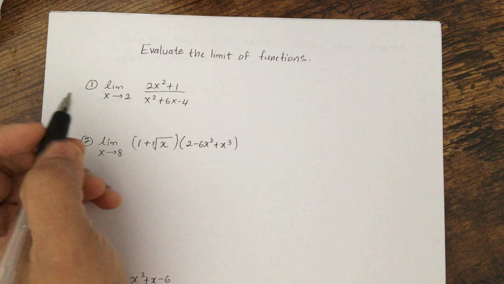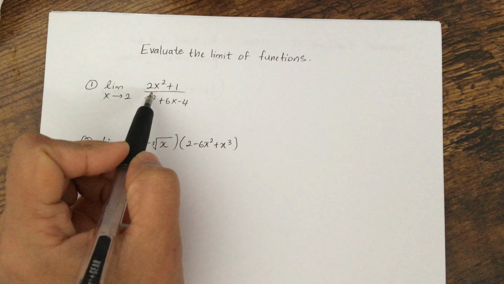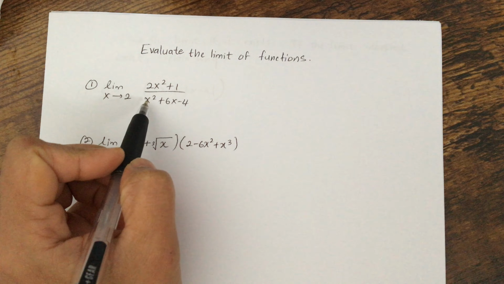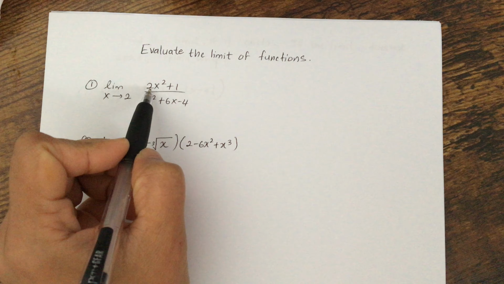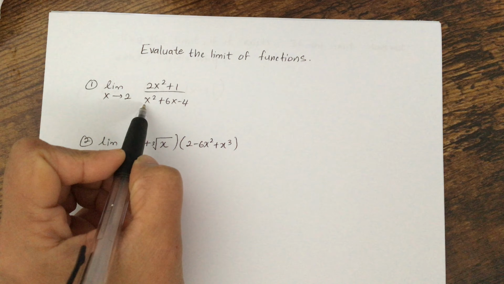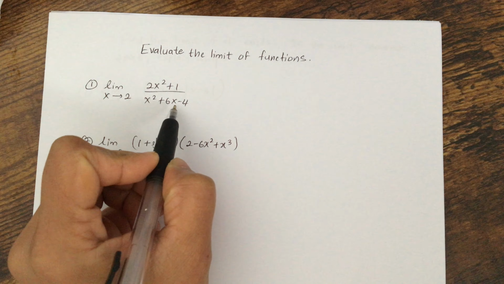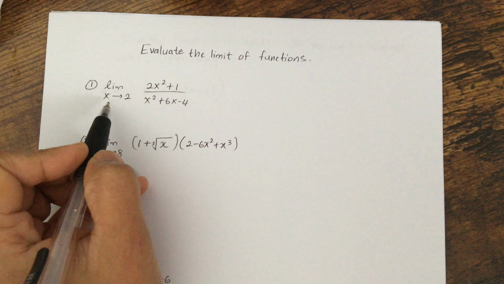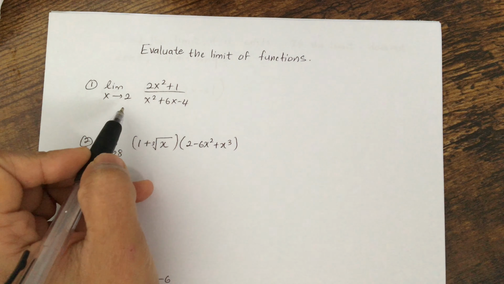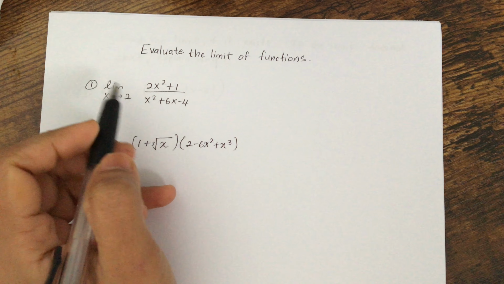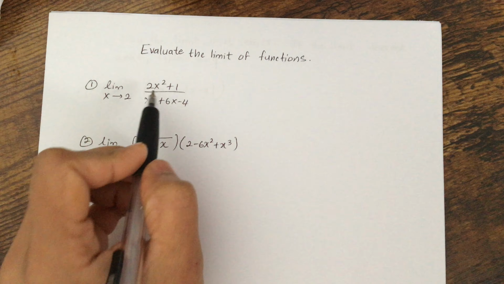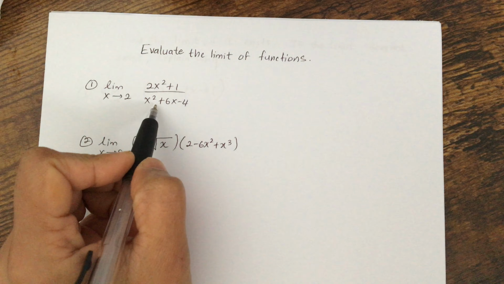So the first example is a rational function which is 2x squared plus 1 over x squared plus 6x minus 4. So limit x goes to 2 of this function. So when you have a rational function, look at the denominator.